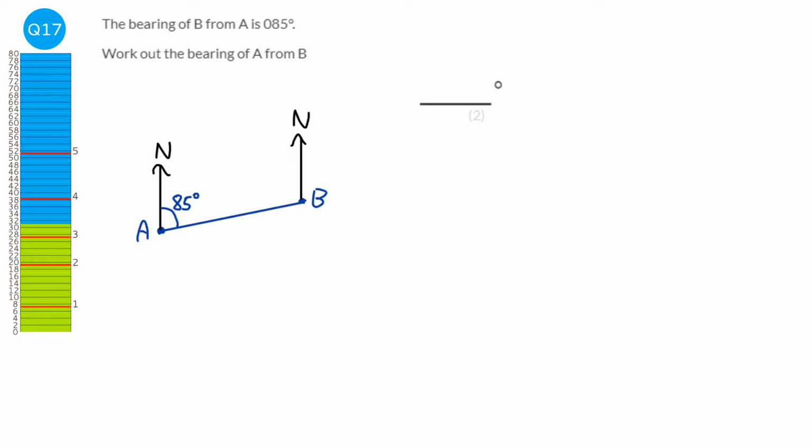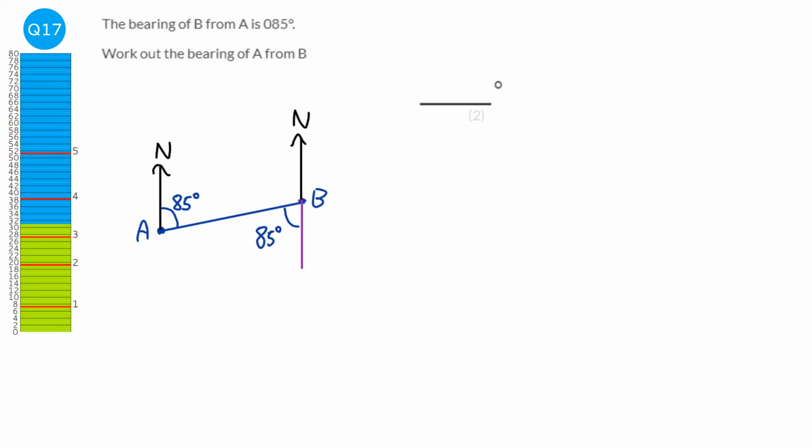So now it says work out the bearing of A from B. So the first thing we can do is actually just draw a line going down here, and we know that this angle here will also be 85 degrees because of alternate angles.